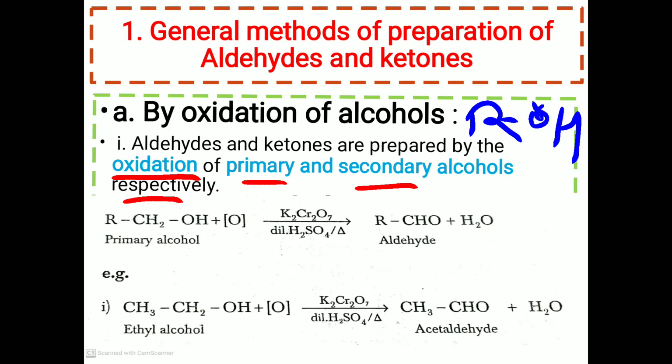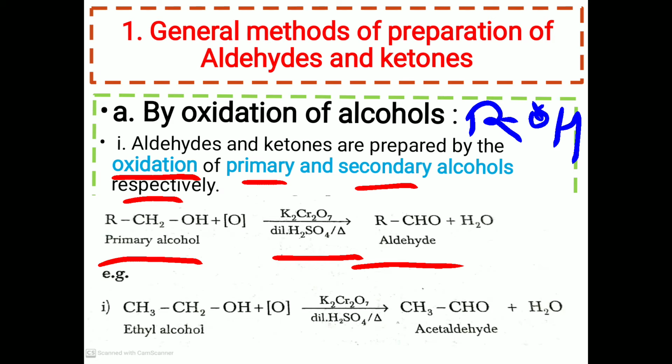First we study the preparation of aldehyde. As we already know, an aldehyde can be obtained from a primary alcohol when it undergoes oxidation in the presence of K2Cr2O7 and dilute sulfuric acid, H2SO4, and when it is heated, aldehyde is formed.